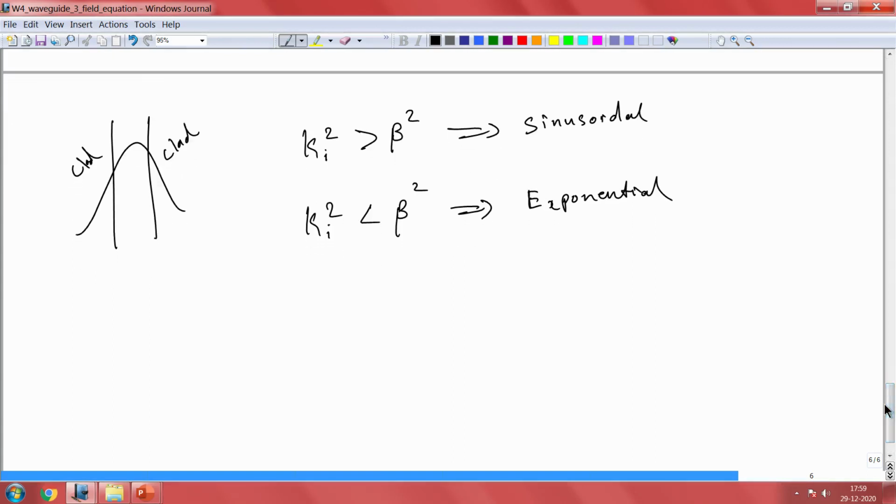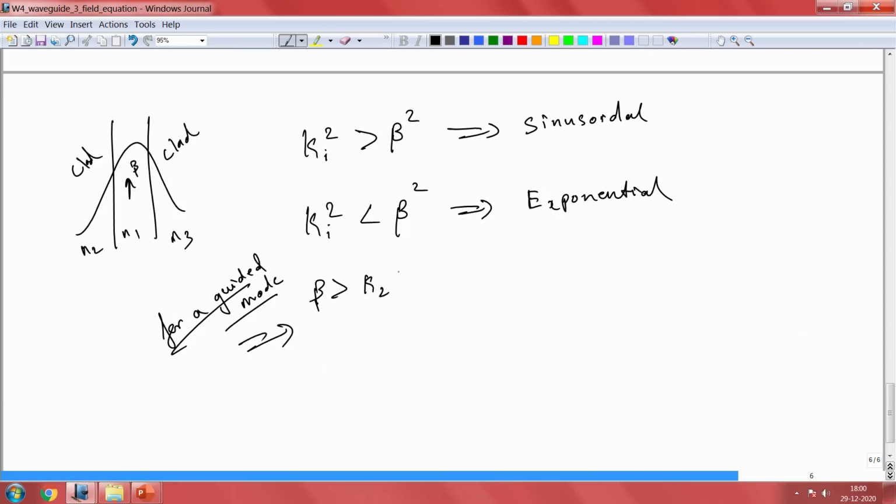Let us say this is N1 and N2 and N3. In this case, for a guided mode, you want the beta that is propagating through this to be greater than K2 and K3.